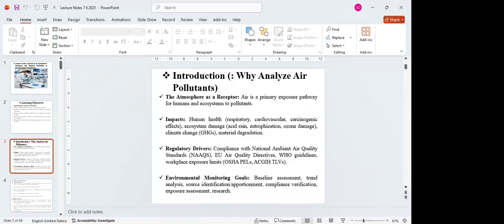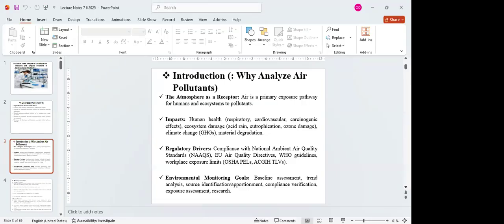We should also understand that it is very important that we know some of these pollutants. Air sampling analysis, particularly in the environmental monitoring process, is targeted at detecting these pollutants, whether they are organic or inorganic.